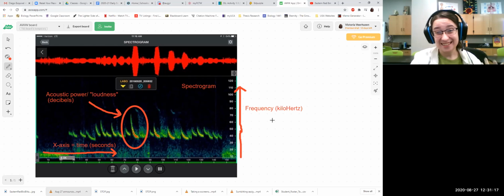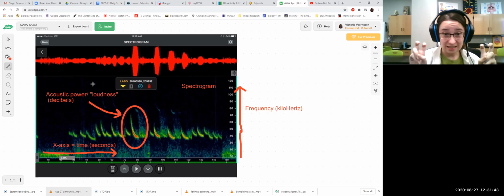And hertz is the measurement of frequency invented by a dead white guy whose last name was Hertz. And the third variable, so this is a 3D graph, a three-dimensional graph. And this shows acoustic power, or what we call loudness.